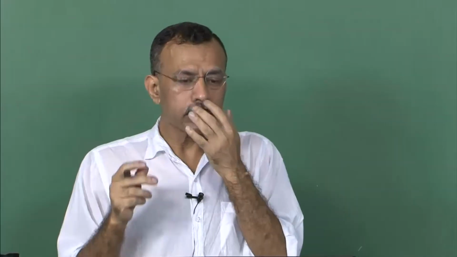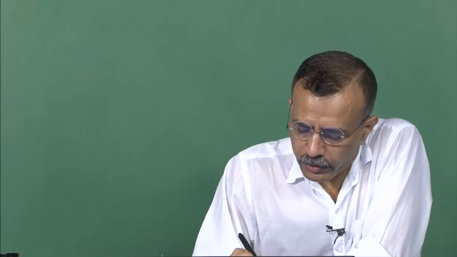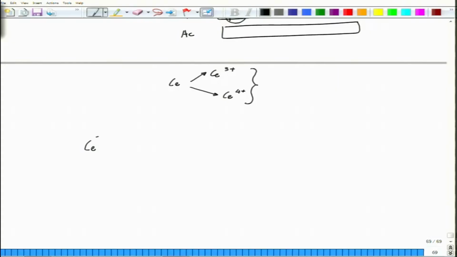So, let us put the reaction in front of you, that will make more sense. Ce3+ does something very interesting. Ce3+ has to get oxidized to become Ce4+. But if it has to get oxidized, it will have to give away an electron.